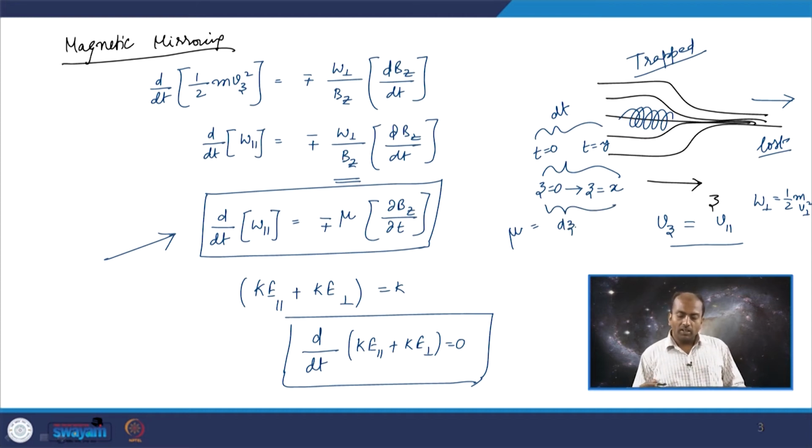So, the point is how the particle experiences different magnetic field strengths as it travels across dz. So, if the particle is moving like this, it will always make sure that the net magnetic moment will always be a constant, right.